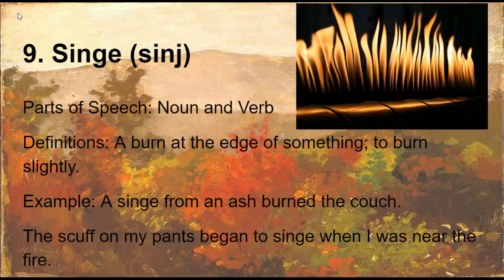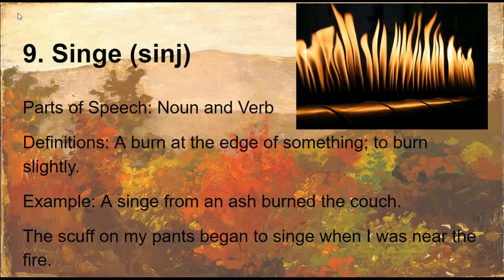Number 9, singe. Singe is a split. Singe is a noun and a verb. So put both parts of speech down. Singe has two definitions. The noun part of singe is simply a burn at the edge of something. So if you pointed to something and you can see that little bit of a burn, that would be a singe.